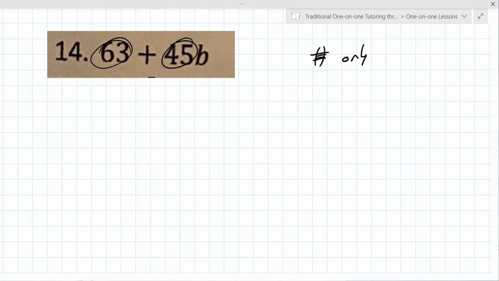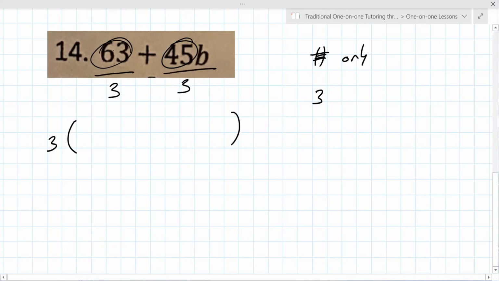So 63, let's pick 3. It doesn't really matter. So you divide by 3, you divide by 3, and you put 3 on the outside. What is 63 divided by 3? 12. Nope.